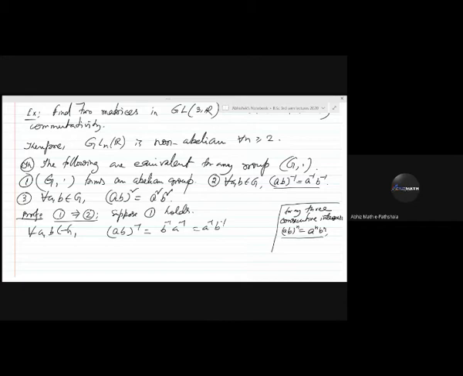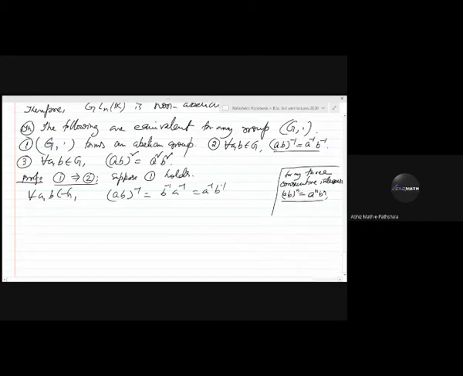Now let us look at this one. 2 implies 3. That is, (ab) inverse is a inverse b inverse for all a, b belongs to G. So for a, b belongs to G, suppose you consider ab.